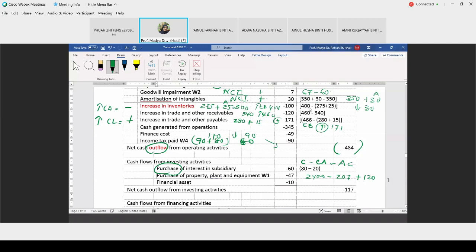So that is the amount that you have here for the PPE. So altogether you're going to have 2,313. The ending balance that you have is 2,360, which means that there is an increase by 47. Increase by 47 means that you purchased. Purchase here means that you're going to minus it.